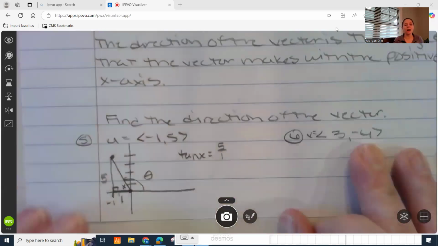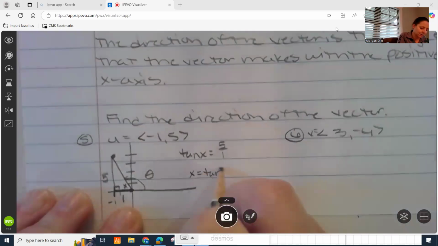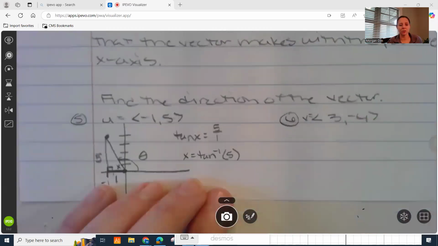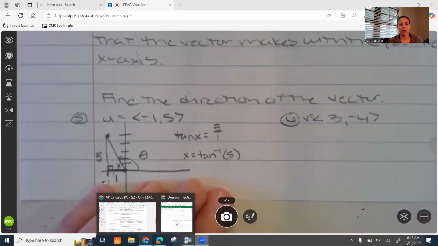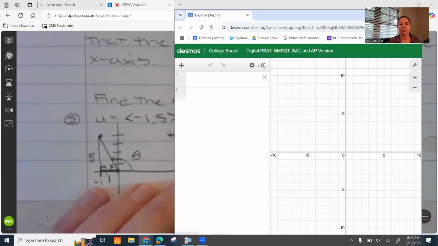Well, now how do we find this right here? x equals tan inverse of basically 5. Now I'm going to actually use Desmos on this. Make sure you practice using the College Board one to make sure that you understand it and know all the features. So here we go.